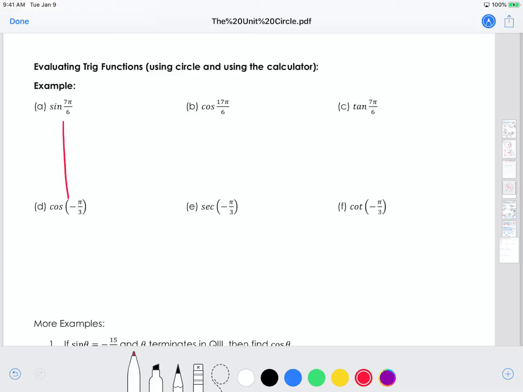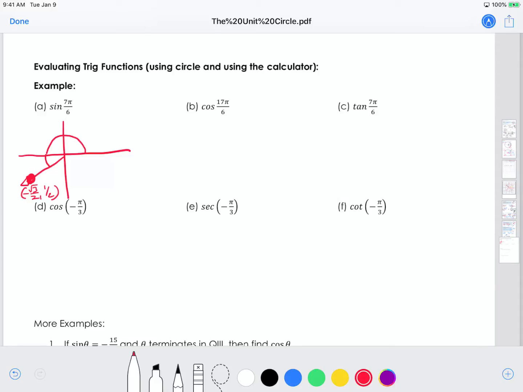When I look at the unit circle, the angle is 7 pi over 6. That means I open 6 pi over 6, which is pi, and then another pi over 6. This terminal point would be -√3/2, 1/2.